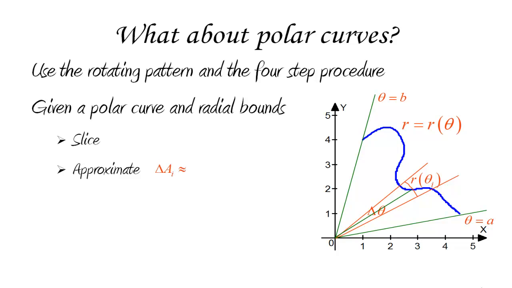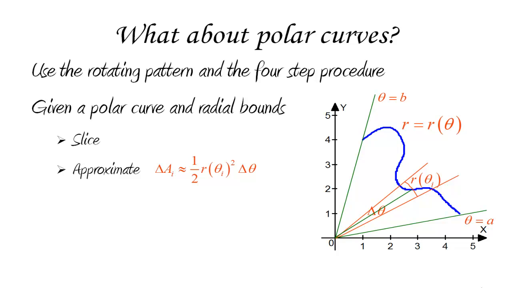So the area of this little circular sector, delta A i, is approximately equal to 1/2 times the radius squared times the angle, which is delta theta. Again, this is not the area of the region we're looking for, but the area of the approximation of it obtained by using the circular sector.